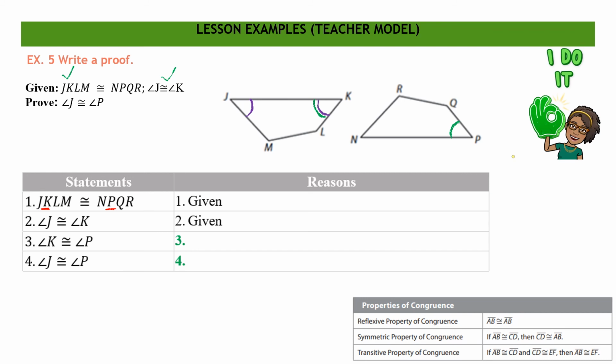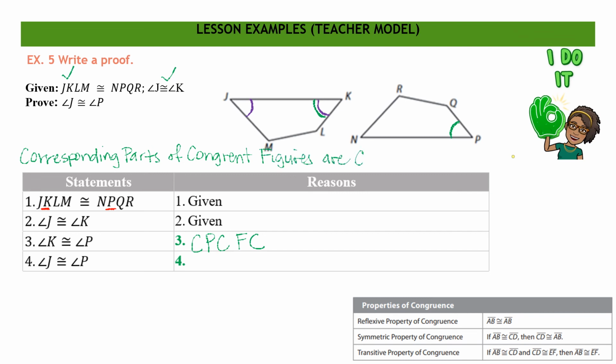Well, there is an acronym that we use that's called CPCTC. And what does that acronym stand for? Well, it stands for corresponding parts of congruent figures are congruent.